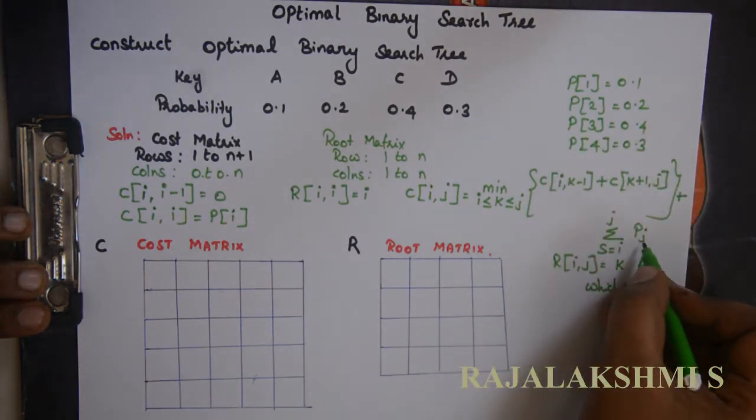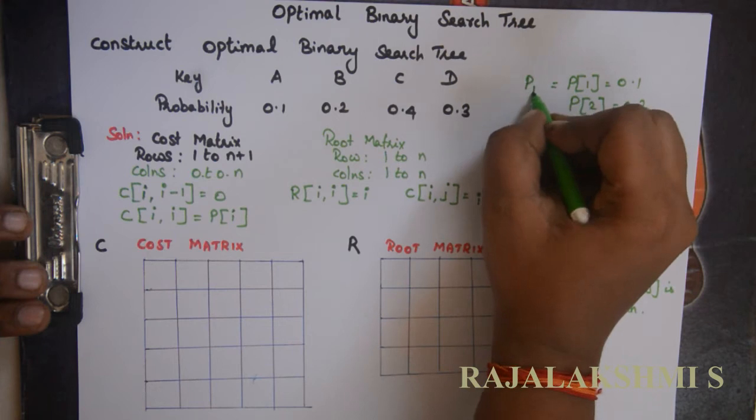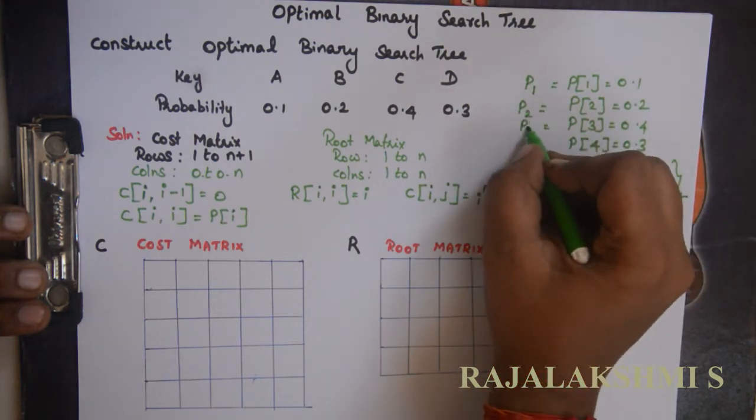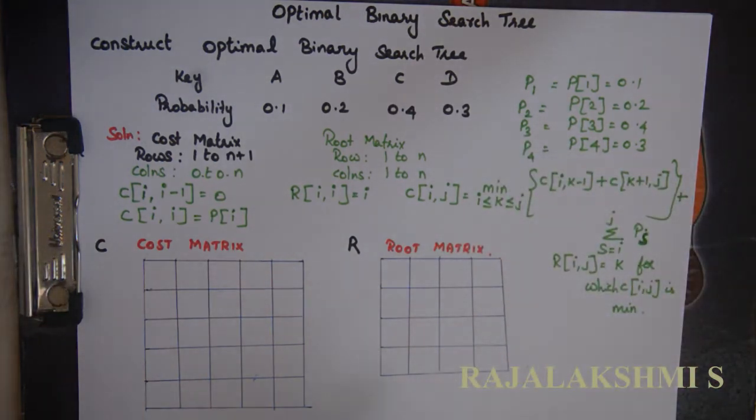Similarly, P s here is P1, P2, P3 and P4. So P represents the probability value given for the corresponding key.